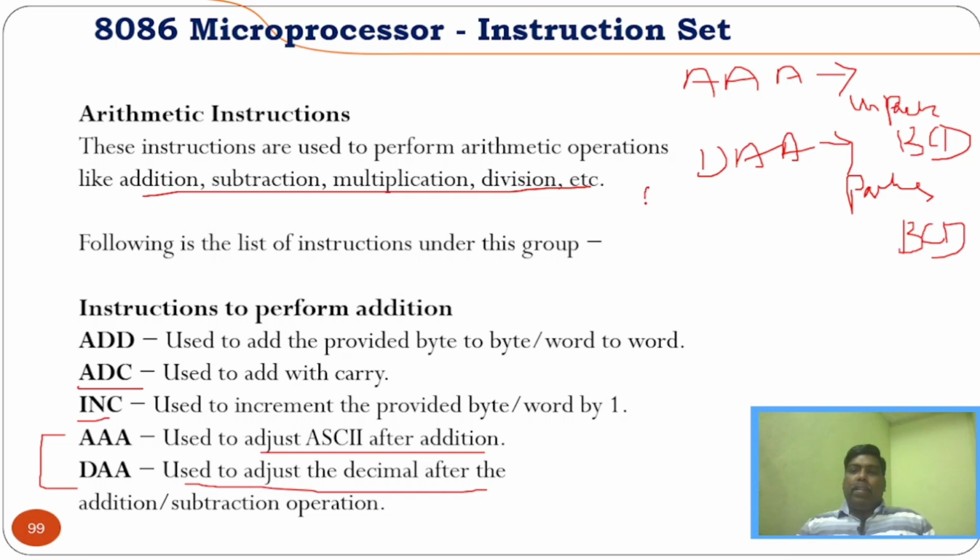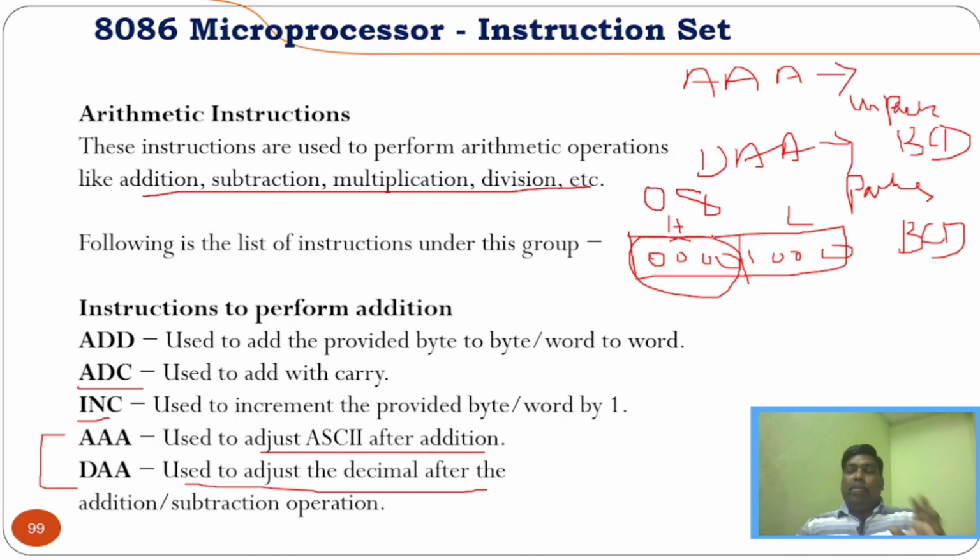Say for example, if you want to represent 8, you will represent it like this: 0 0 0 0 and 1 0 0 0, where this is the higher nibble and this is the lower nibble, right? This is called unpacked BCD, which means in that 1 byte the higher nibble will always be 0. Only the lower nibble will be having the value. This is called unpacked BCD.